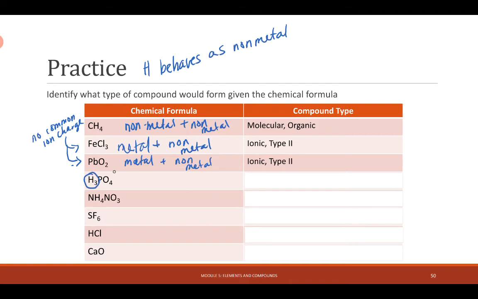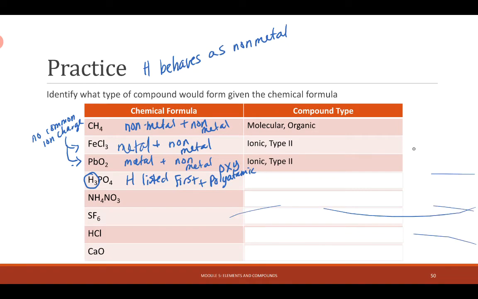This one we have H listed first, plus polyatomic, that's phosphate. And so it's an acid, it's an oxyacid. It's an oxyacid because it contains oxygen here.